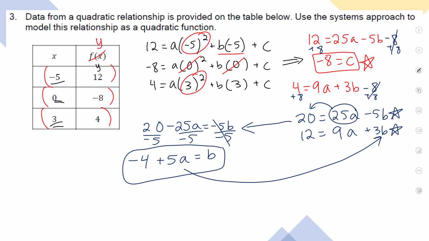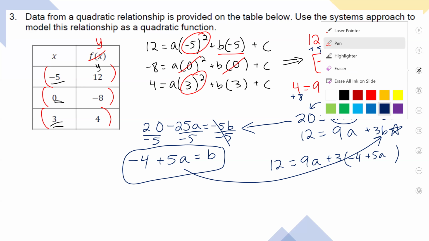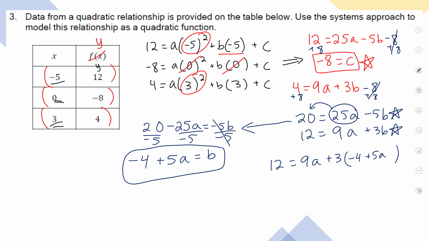So I'll have 12 equals 9a plus 3 times your b value, which is negative 4 plus 5a. Now we just solve. So we get 12 equals 9a minus 12 plus 15a.